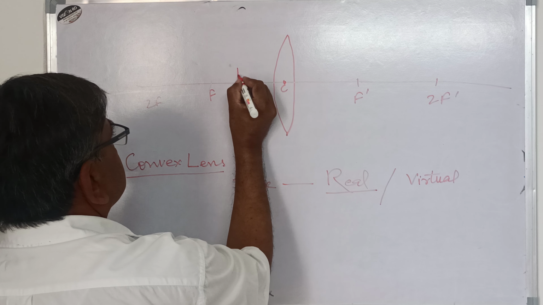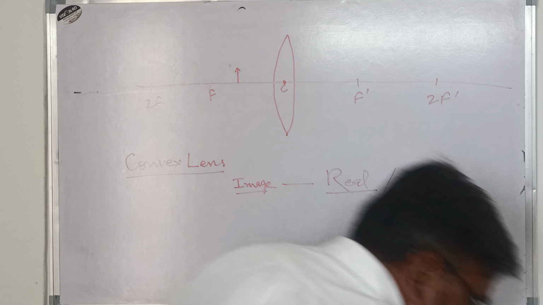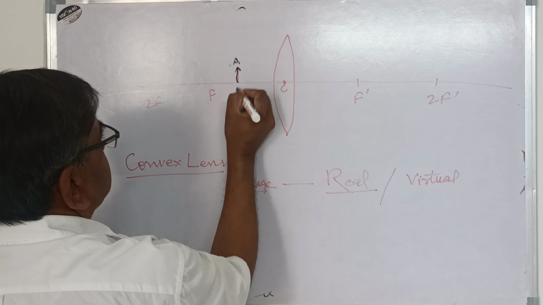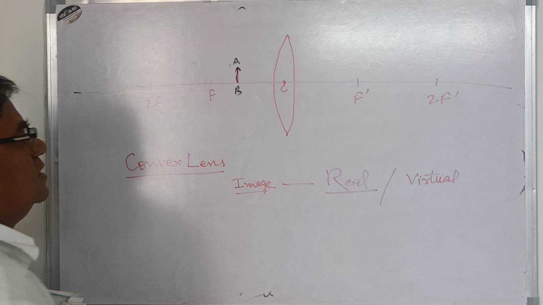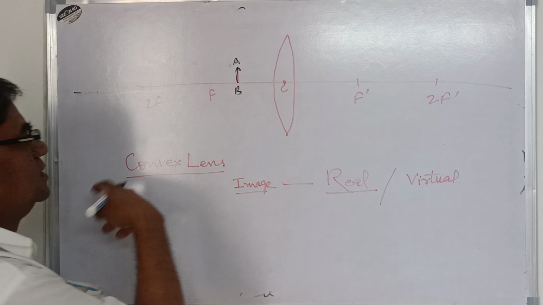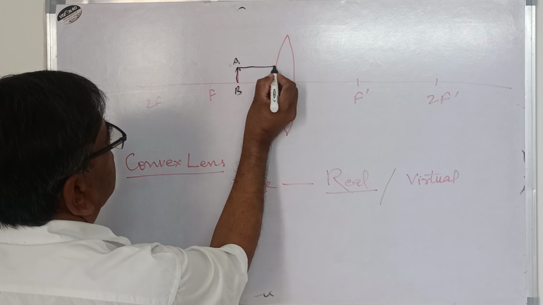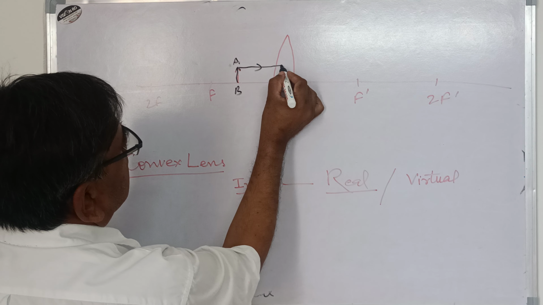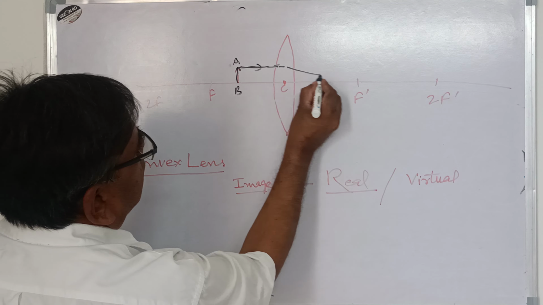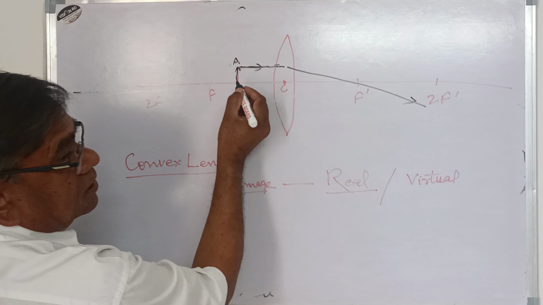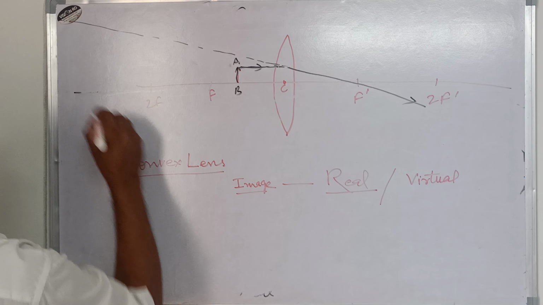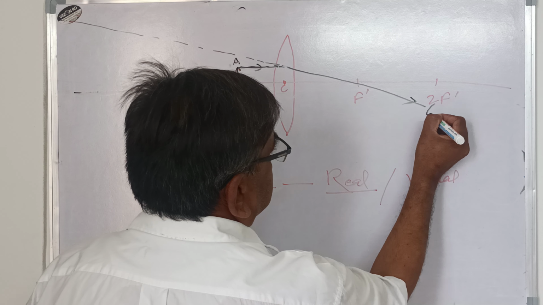If the object was here, this was the single case, the object is between C and F. The image of this object is virtual, formed on the back side. If a parallel ray goes from here, then it will pass from the focus, and it will seem that it is coming from somewhere here.